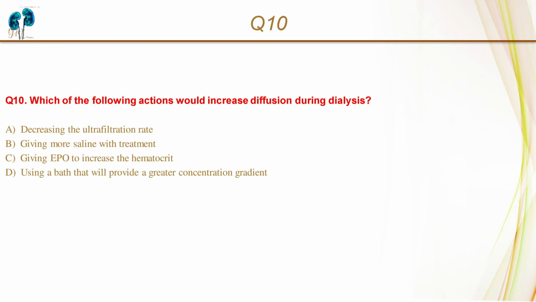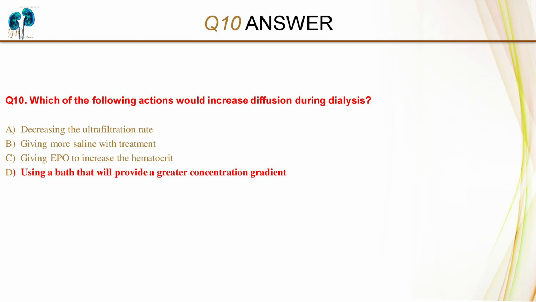So the 10th question is: which of the following actions would increase diffusion during dialysis? Option A, decreasing the ultrafiltration rate. Option B, giving more saline in the treatment. Option C, giving erythropoietin to enhance the hematocrit. Option D, using a bath that will provide a greater concentration gradient.